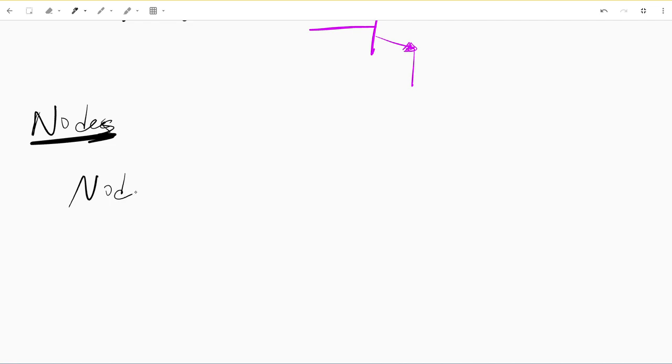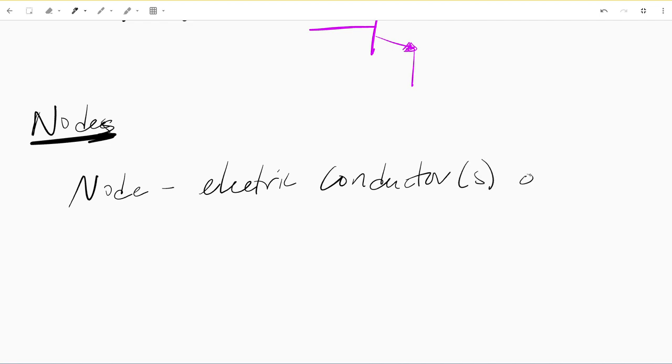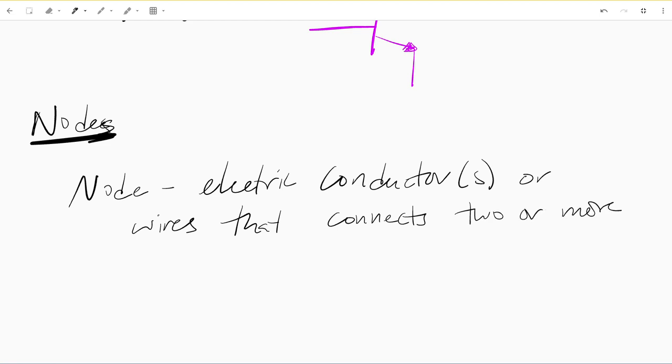So a node is an electric conductor, or wire, that connects two or more circuit elements.